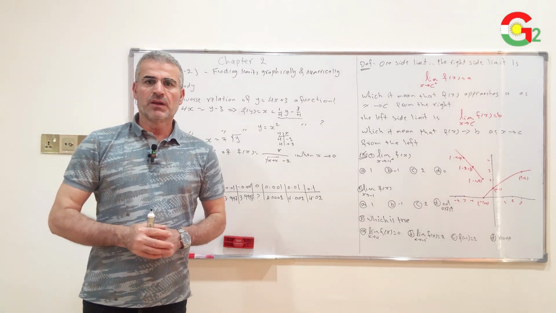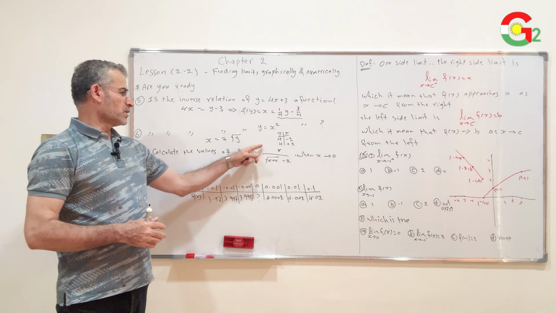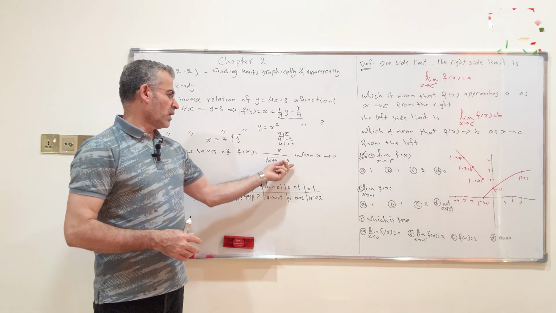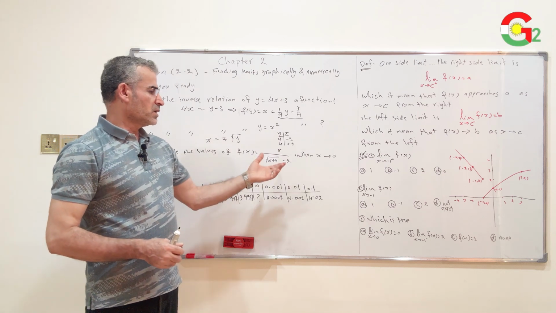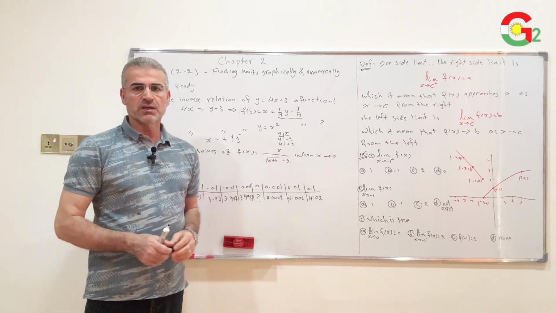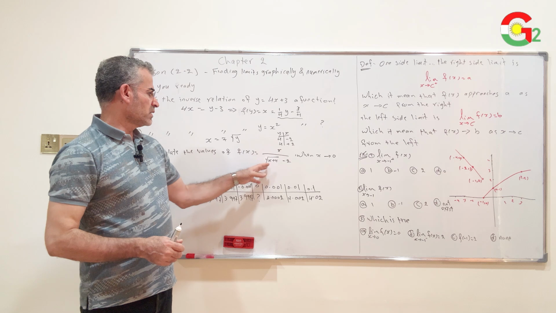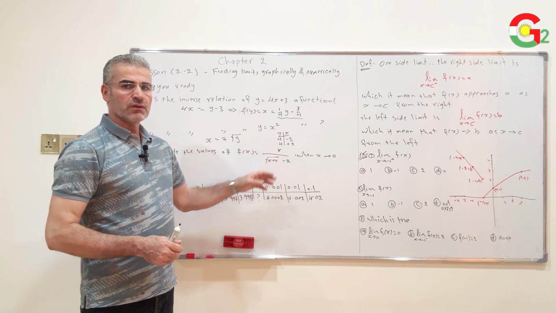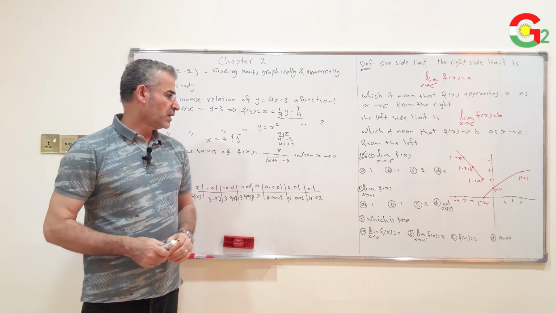Finding limits numerically. Calculate the values of f of x equal x over square root x plus 4 minus 2 when x approaches 0, or when the value is nearby 0. As you see, when x equals 0, the function is not defined because 0 over square root of 0 plus 4, square root 4, 2 minus 2, 0 over 0 is undefined.